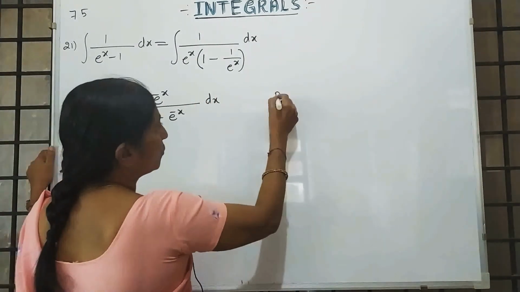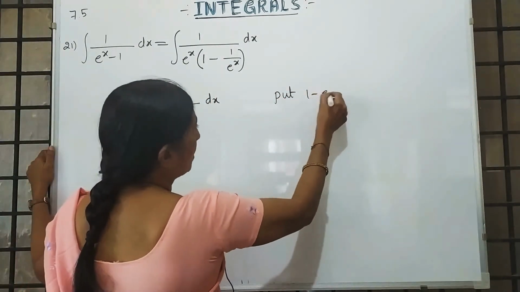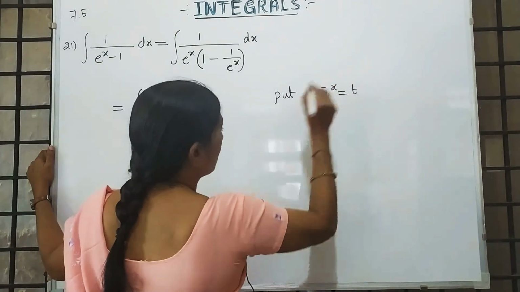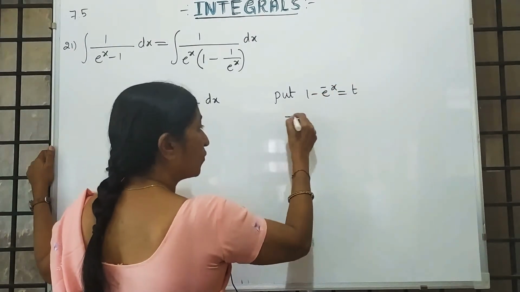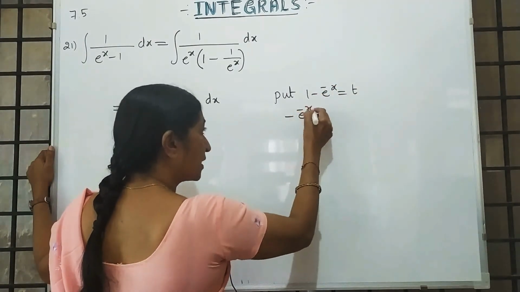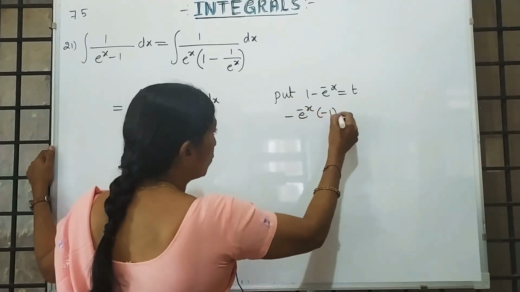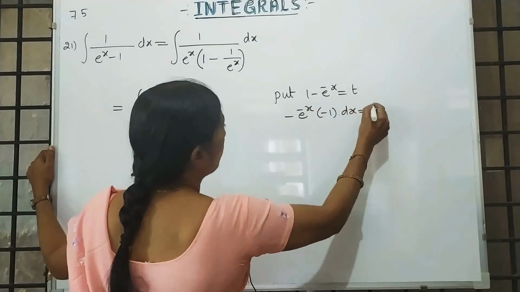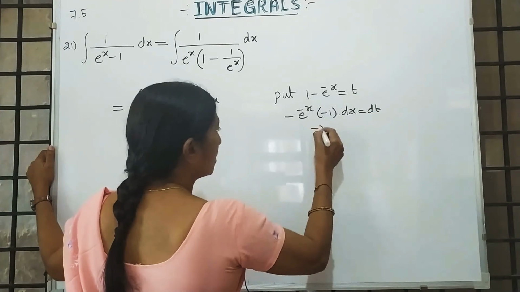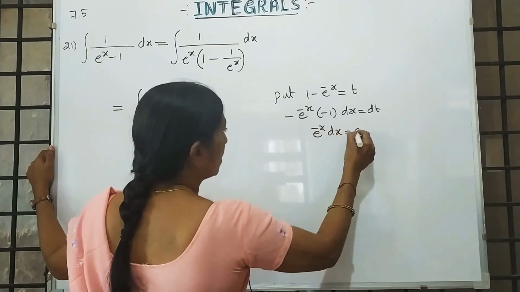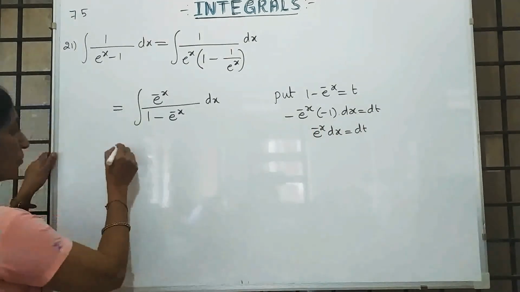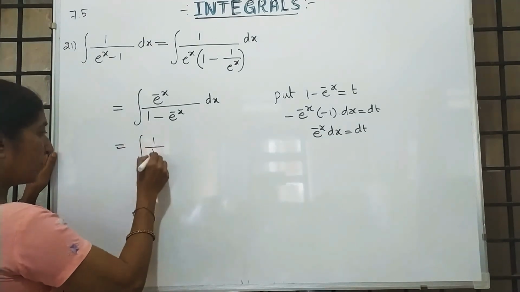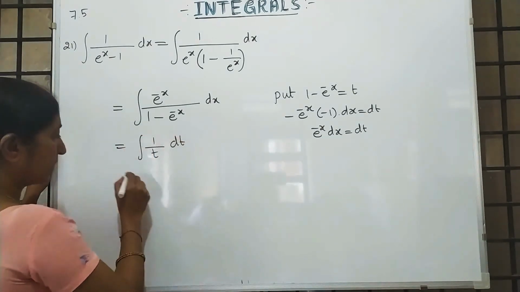Now, I will do the substitution. Put 1 minus e raised to minus x as t. Differentiation of e raised to minus x is e raised to minus x into minus 1 into dx is equal to dt. That becomes e raised to minus x into dx is equal to dt. So, the given problem is 1 upon t into dt.